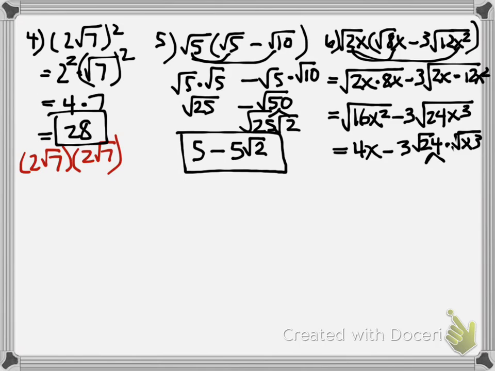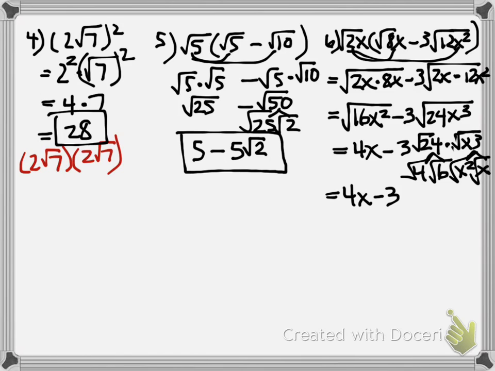All right, so what's the greatest perfect square factor of 24? 4, and his partner is 6. You take the square root of each of those. And how do I split up the x cubed so I can take a square root? Anybody? Okay, so I take 1 out, and I have the largest even amount left behind. All right, so I still have that 4x.